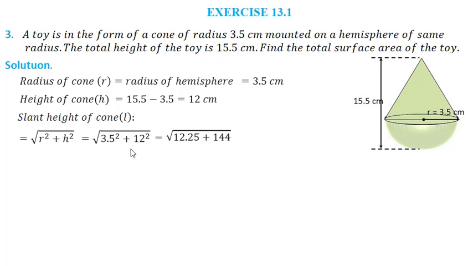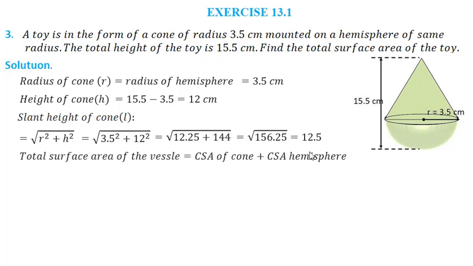This 3 4s are 12. So using Vedic maths we can solve. Plus 12 square is 144. Their addition is 156.25. So square root of 156.25 is 12.5. Now I hope that you all know how to calculate square root. There is no need that I will explain how to calculate the square root. So the slant height is 12.5 cm.